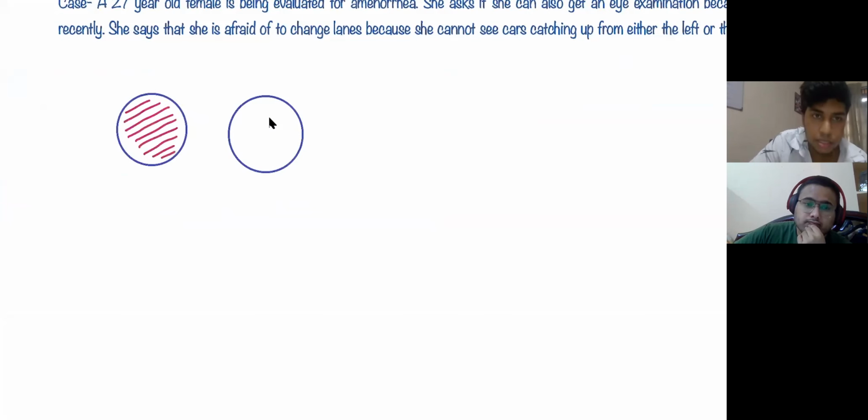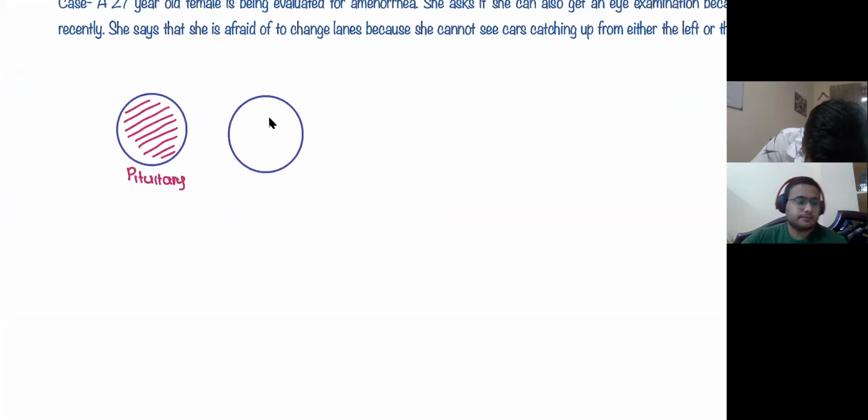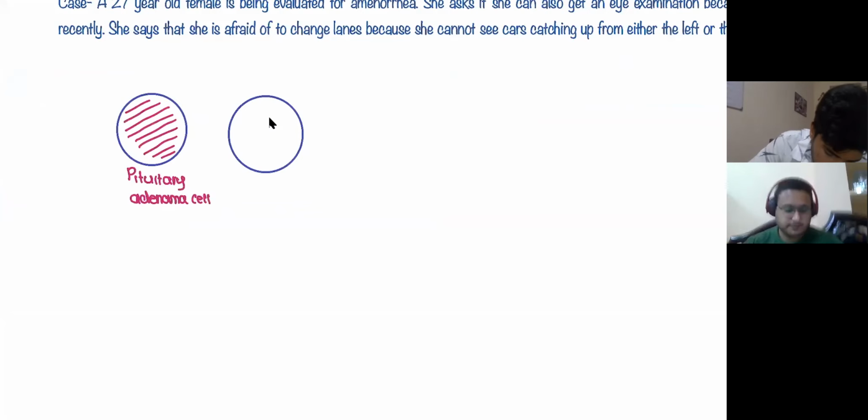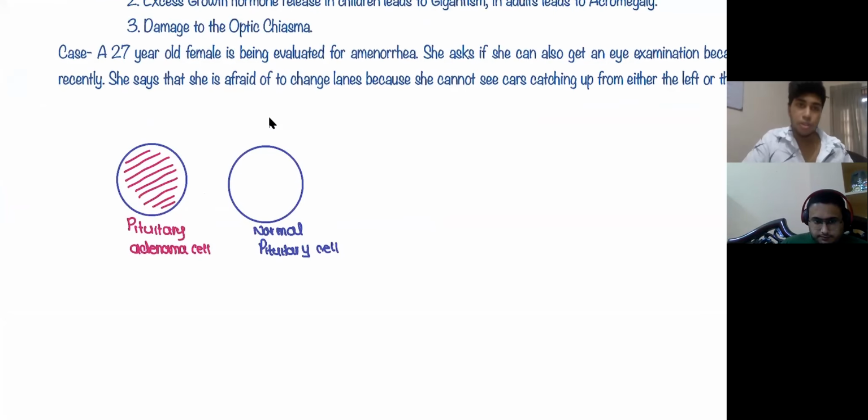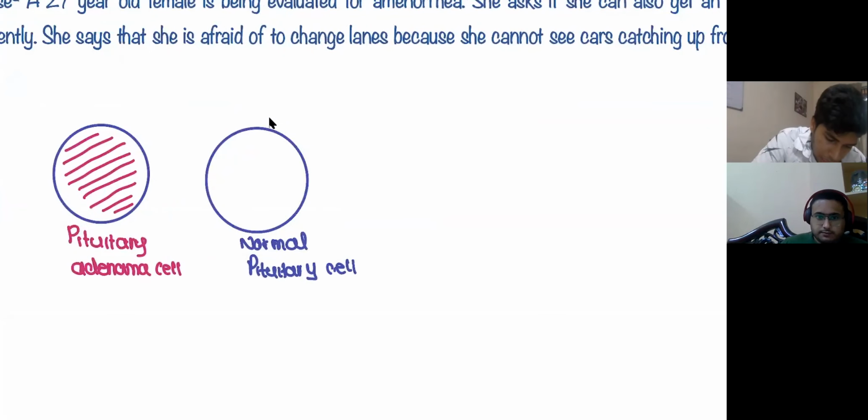This is a tumor cell, a pituitary adenoma cell. And this is a normal pituitary cell. Now, our body has a feedback mechanism.